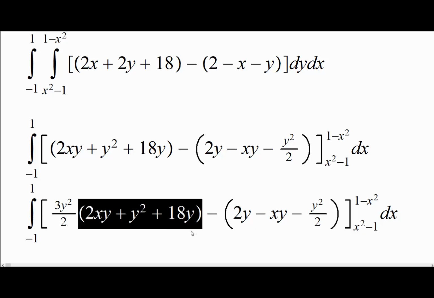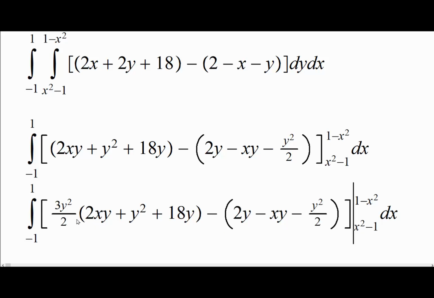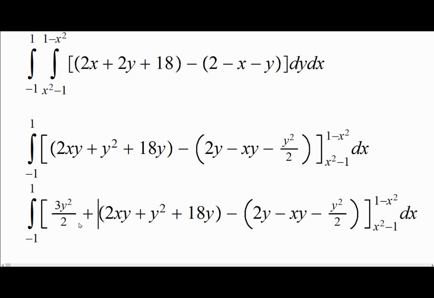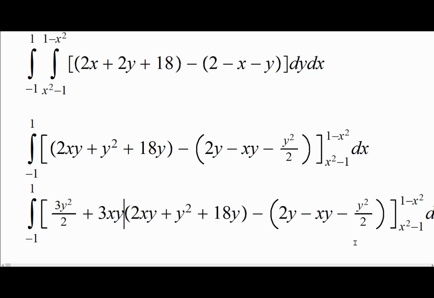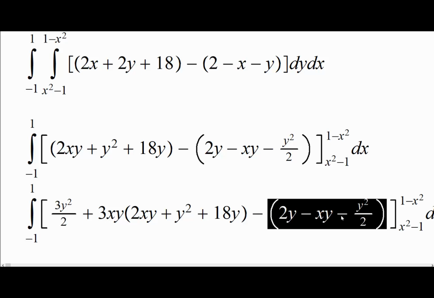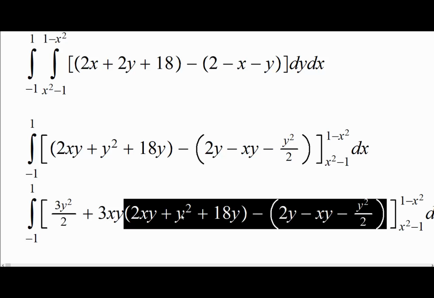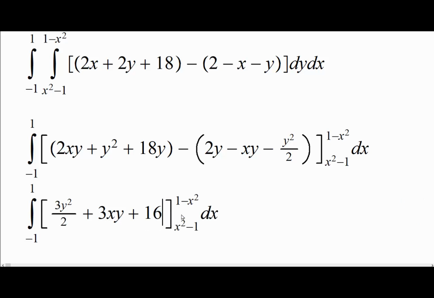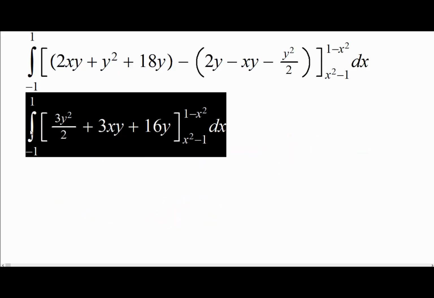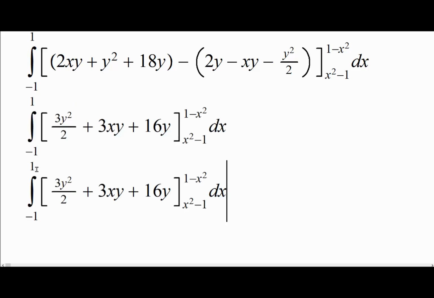Then we got 2xy, then negative negative xy, which gives us 3xy. And at the end we got 18y, and then minus this 2y, which gives us 16y, between those values.